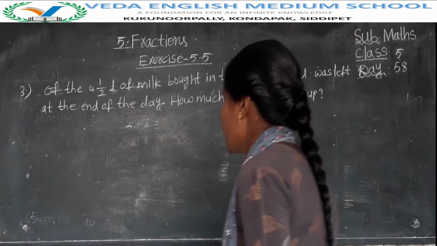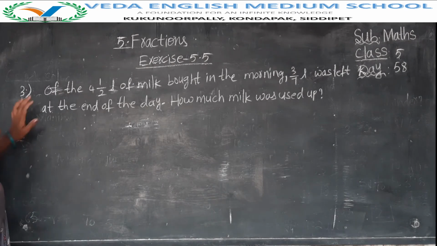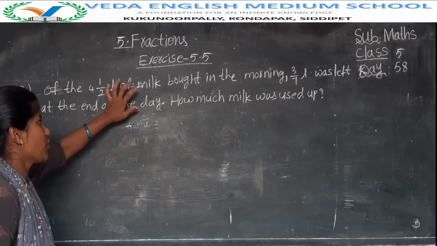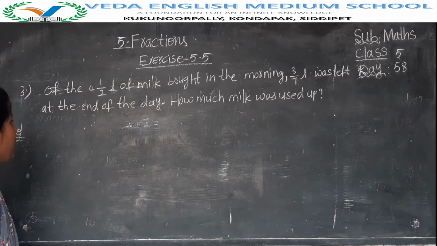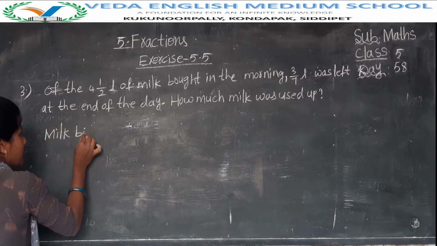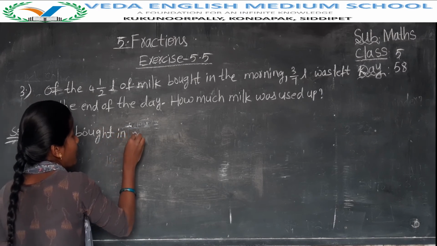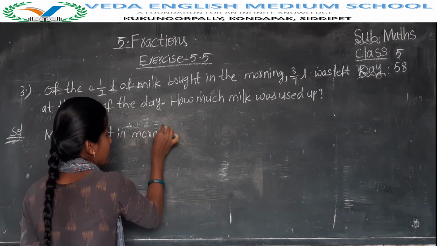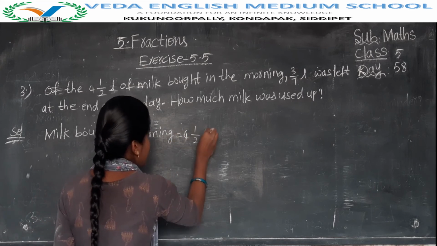Then the third word problem. Solution: of the 4 into 1 by 2 liters of milk bought in the morning, 3 by 7 liters of milk was left at night. So milk bought in the morning is equal to 4 into 1 by 2 liters.